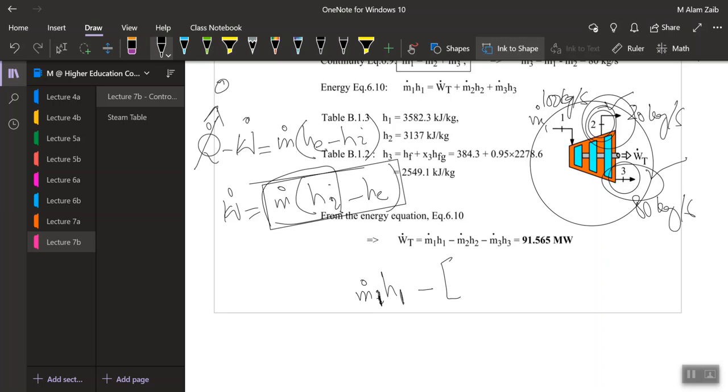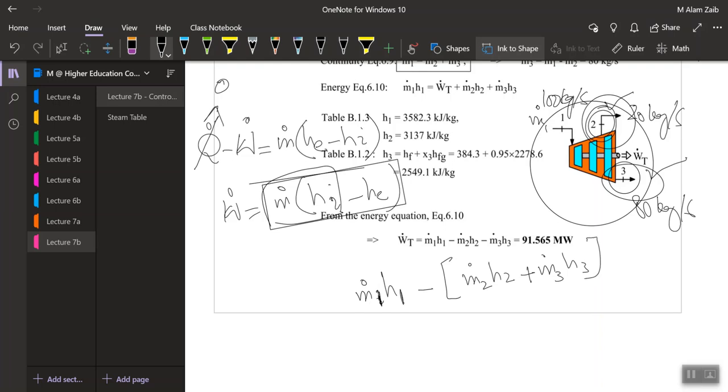So it would be m1 dot h1 minus m2 h2, and there is another mass leaving the system, m3 and h3.